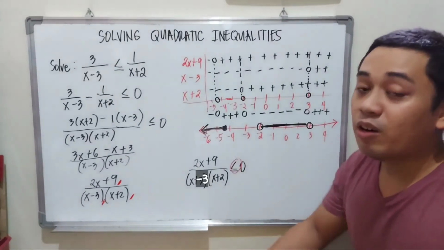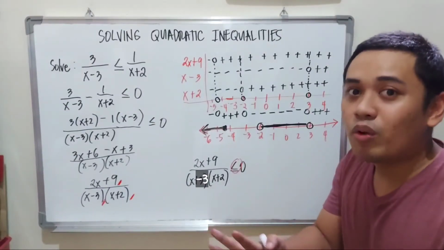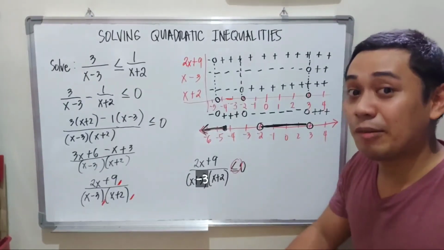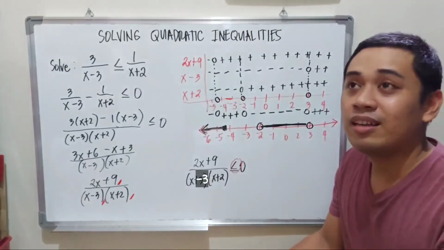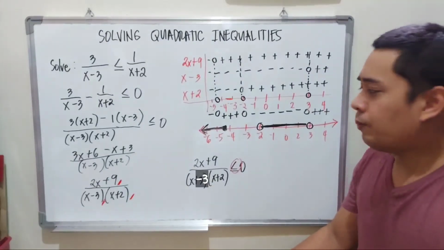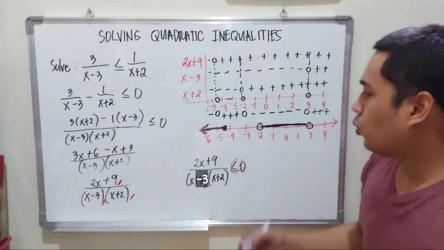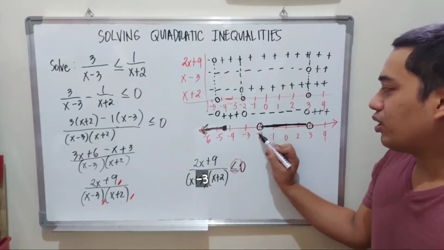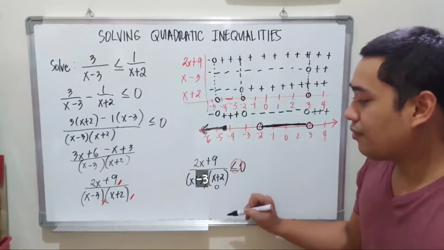But, may ibang usapan kapag meron tayong denominator. 'Di ba sa fraction bawal tayo magkaroon ng zero na denominator because magiging undefined yung ating value kapag may a over 0 tayo. So bawal siyang mag-equal sa sarili niya. So hindi natin pwedeng gawing part of the solution si negative 2 kasi magiging 0 ang isang factor.